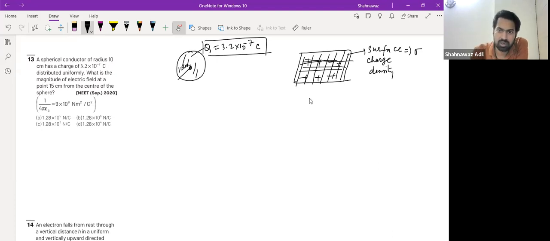So you must have heard about this infinite sheet. On this infinite sheet, the charges are on this surface. Then you define the surface charge density, which means that charges are divided over some area.